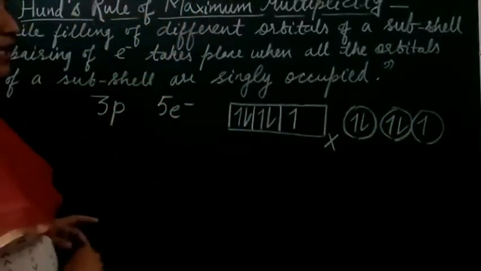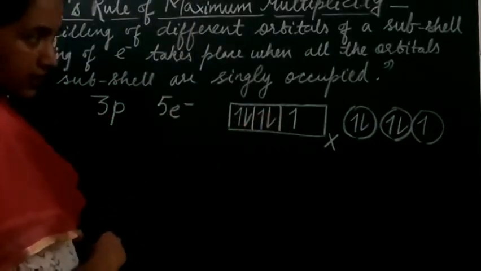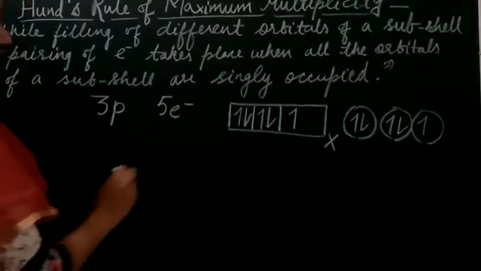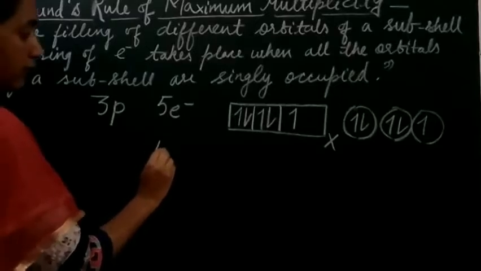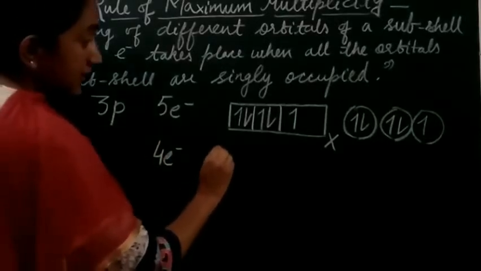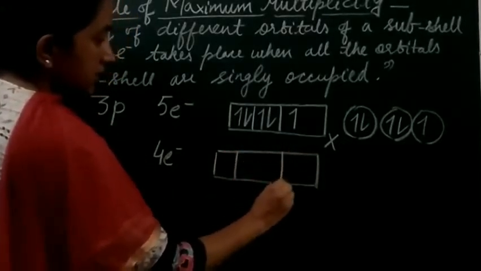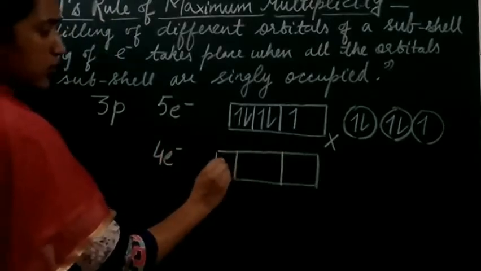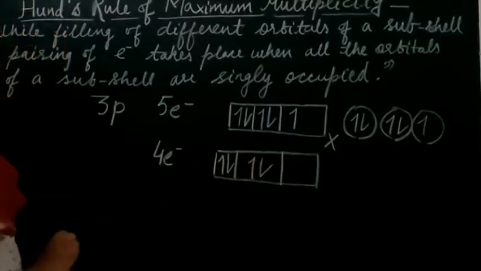Right. So in this case, because we have 5 electrons, our configuration is not getting affected. The number of electrons in the 3p orbitals is not affected. Right. But if we have only 4 electrons, in that case, the one which we can do is 2, 3 and 4.